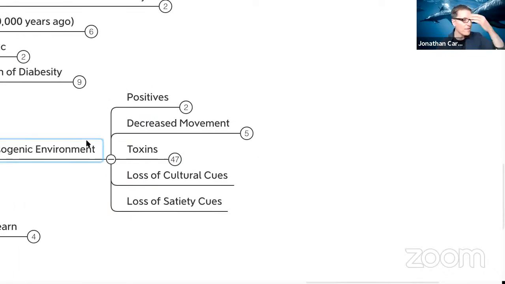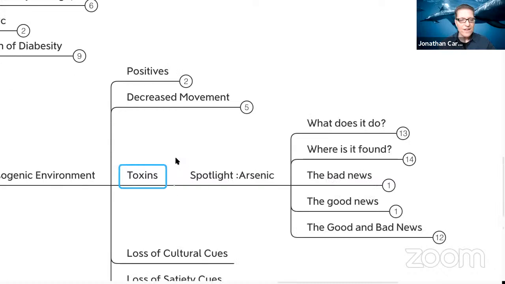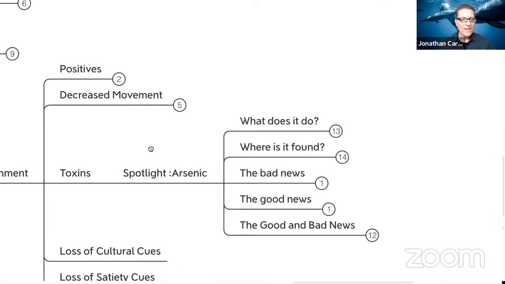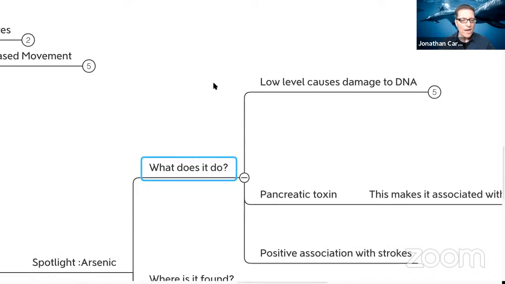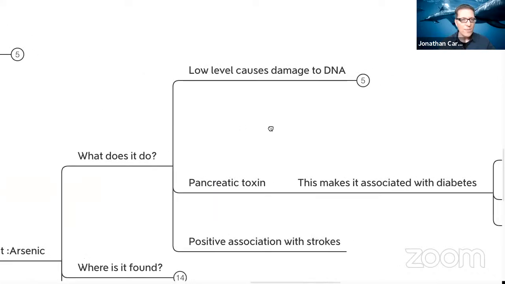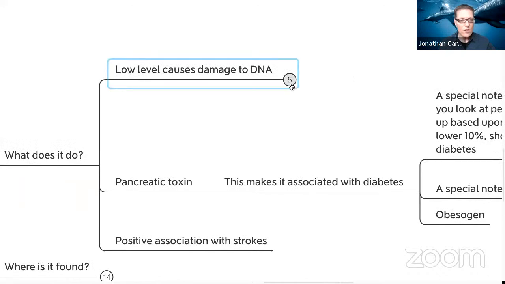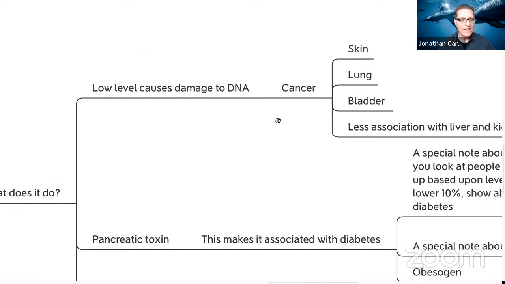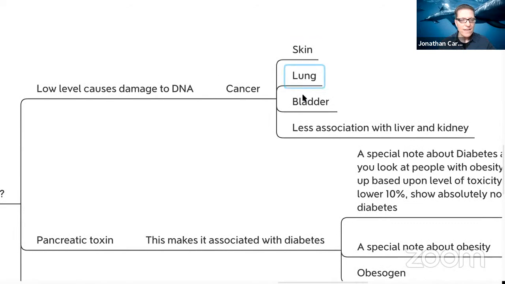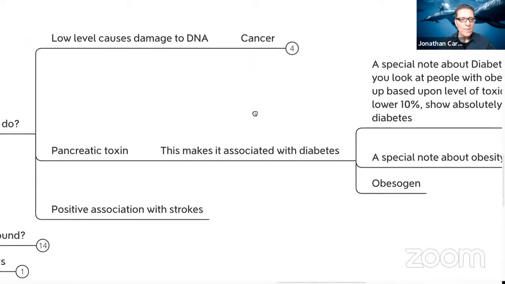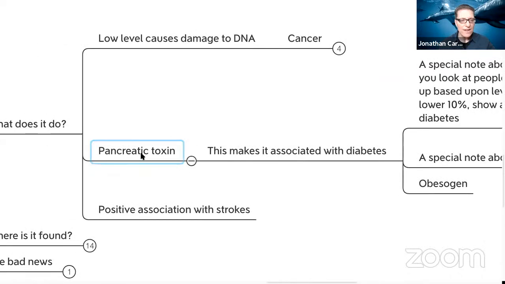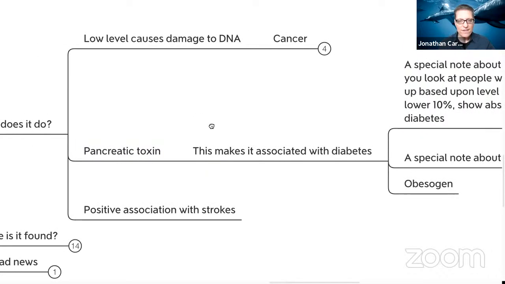One thing that wasn't mentioned in the article that inspired this video or this class is toxins, and specifically arsenic. Now, we spoke about arsenic before, but it's important from a diabetic perspective. First of all, low levels cause damage to DNA, so you can see skin, lung, bladder cancer. But when it comes to diabetes, it can actually damage the pancreas.